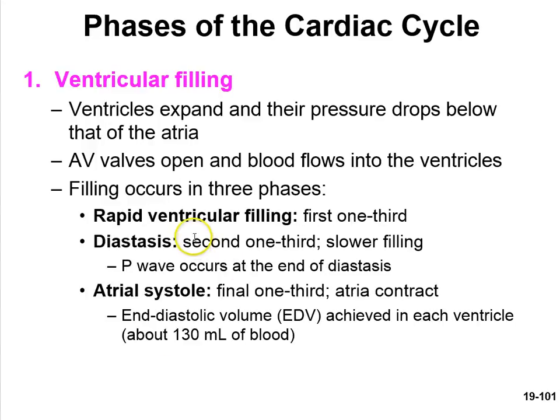There are three phases: rapid ventricular filling, and diastasis, which is slower filling. The P wave of an electrocardiogram occurs at the end of diastasis. Then atrial systole, or contraction, is the final third. The end diastolic volume achieved in each ventricle is about 130 milliliters of blood.